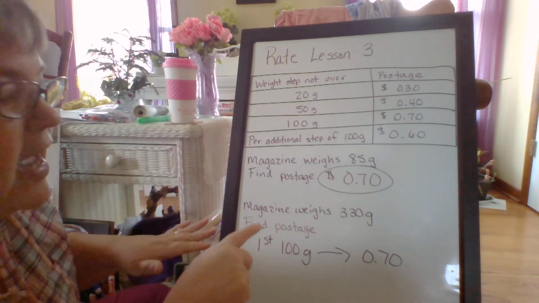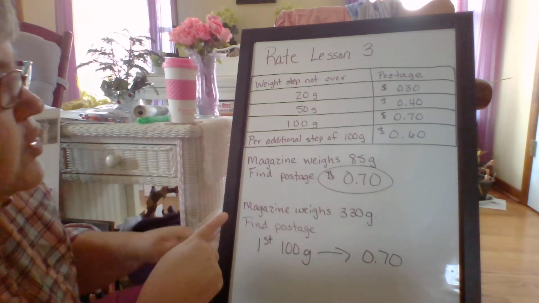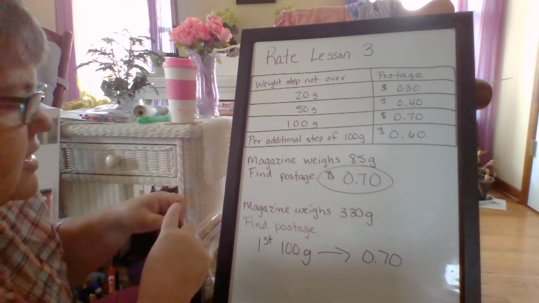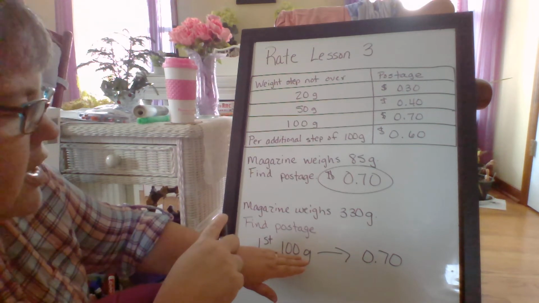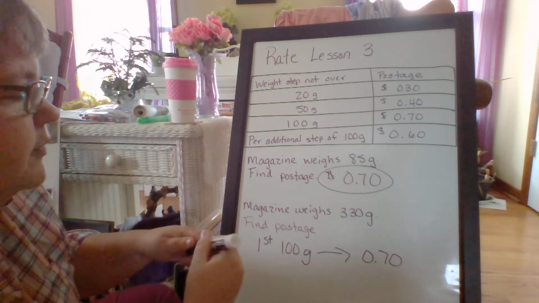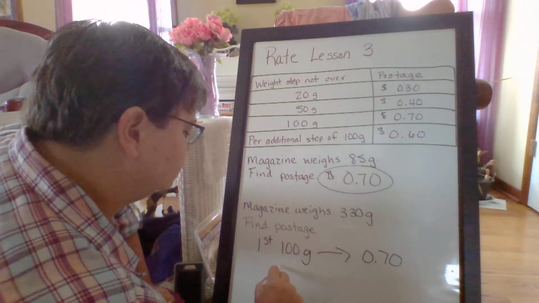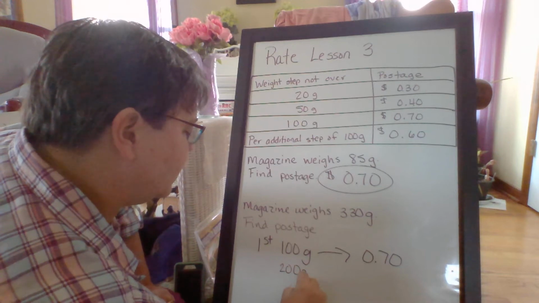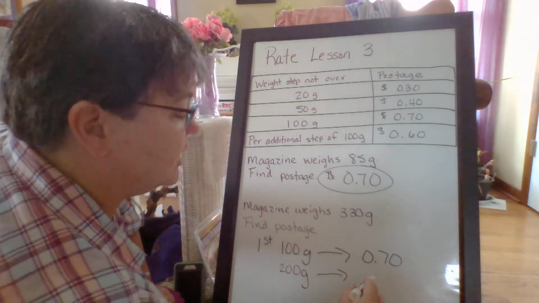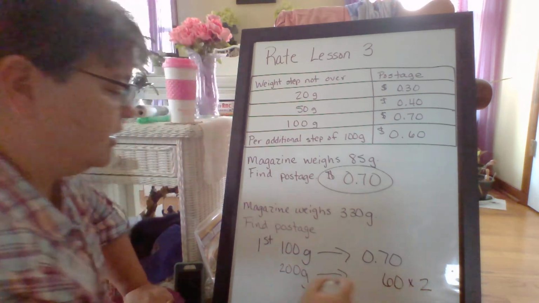You cannot do that. For every additional step over that 100, you have to pay 60 cents. So we paid for the first 100, and the next 200 grams, you're going to pay 60 cents times 2.